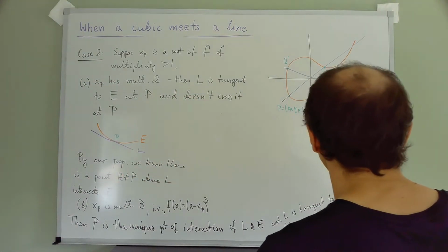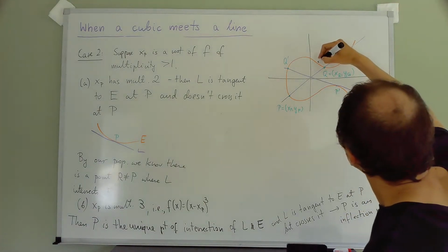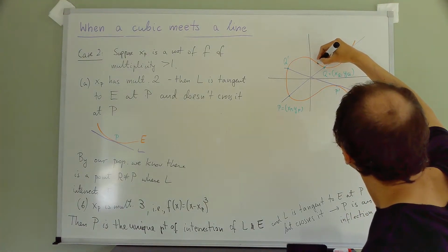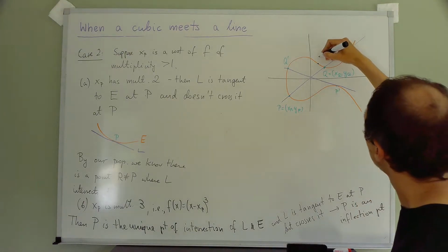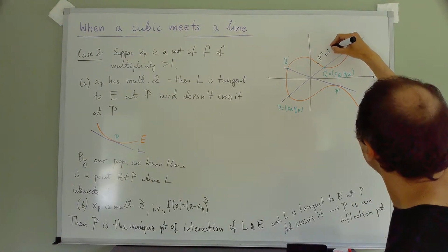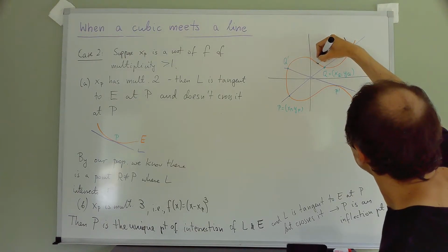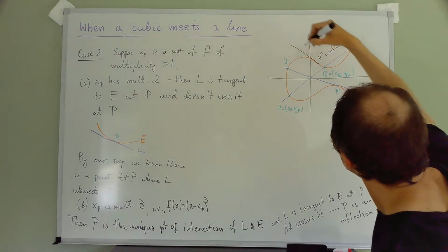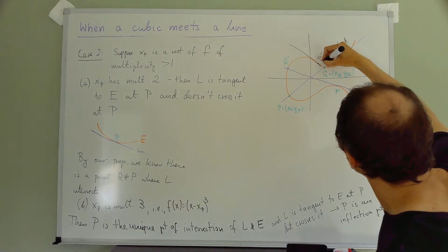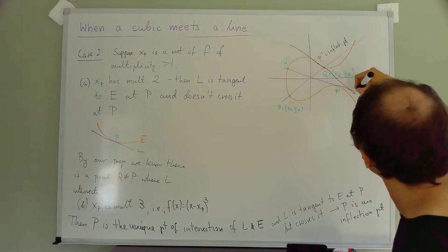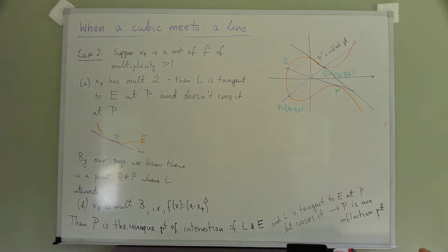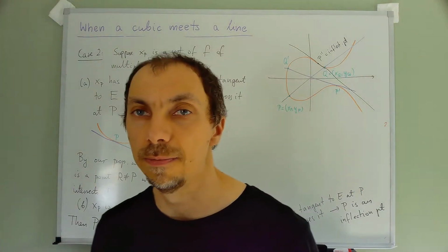Kind of, right? I think I can. I think this looks like an inflection point. P double prime, inflection point. If I draw now a tangent line, you see it is actually tangent to this curve, but it crosses at P. And it never intersects the orange curve again.